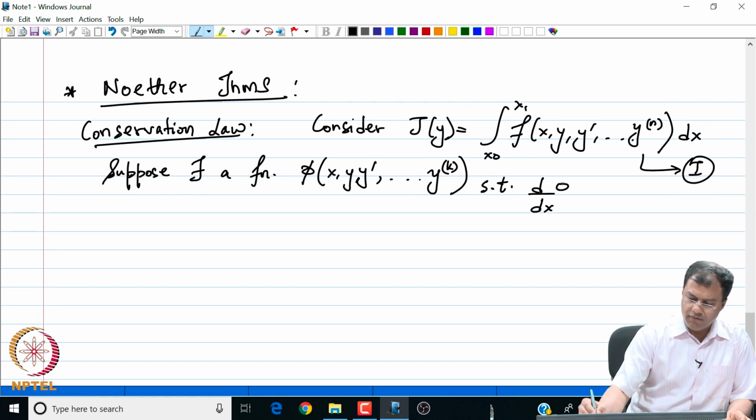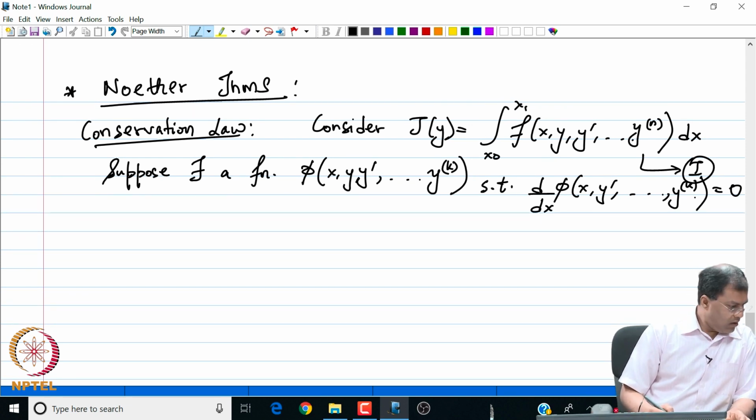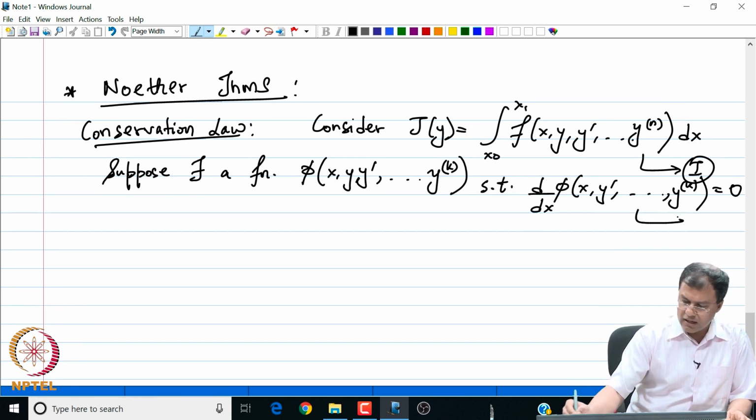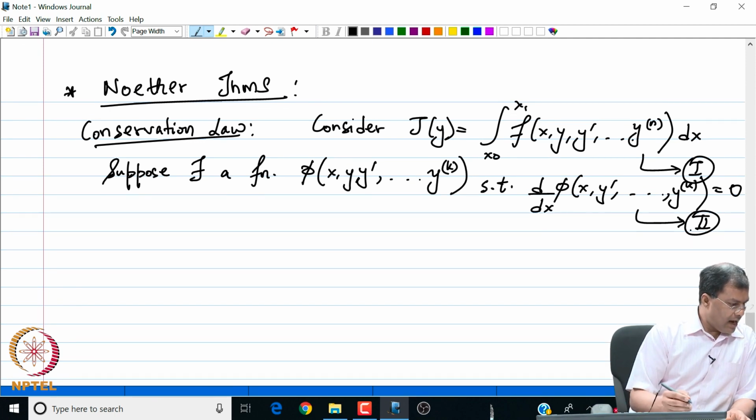d dx of phi of x, y, y prime, up to the kth derivative, is equal to 0. Suppose we have a function whose derivative is 0. Let me call this 1 and this 2.